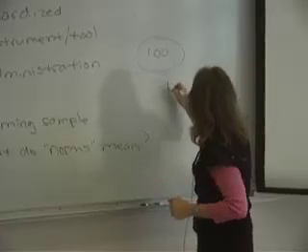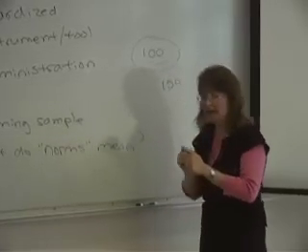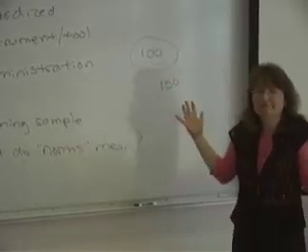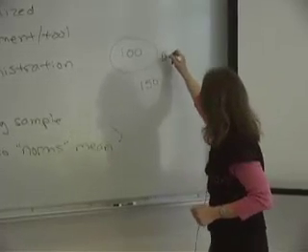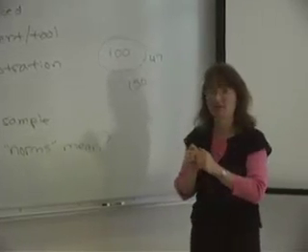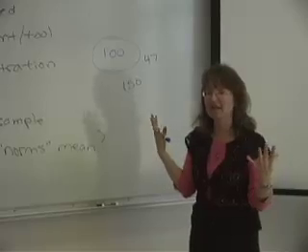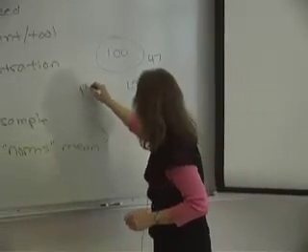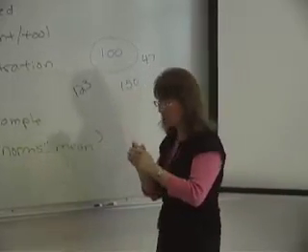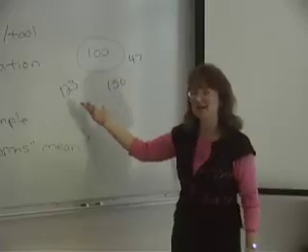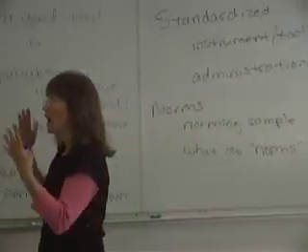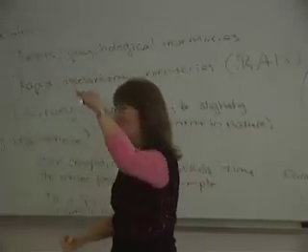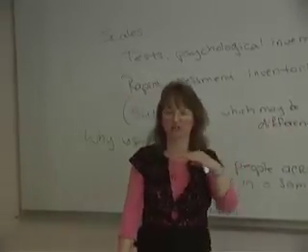If I test a kid who gets a score of 150, what does that mean? If I test a kid who gets a score of 47, what does that mean? If I test a graduate student who gets a score of 123, how do I interpret that? That's what norms do. Norms give us a way of saying this score means this.